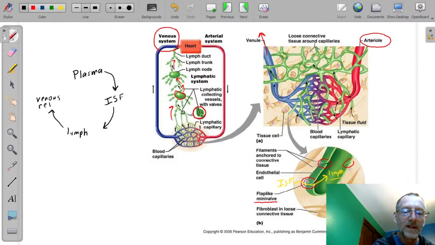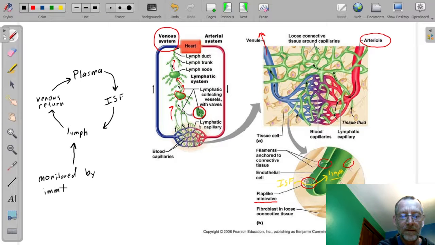So we just have venous return, venous blood, and then we're back into the plasma. So the fluid just goes round and round throughout the body, circulating through the interstitial fluid. But the important thing is that along the way, that lymph, as it flows through this lymphatic system, is monitored by the immune system. Primarily the leukocytes.